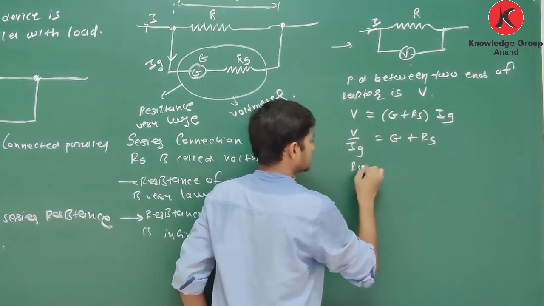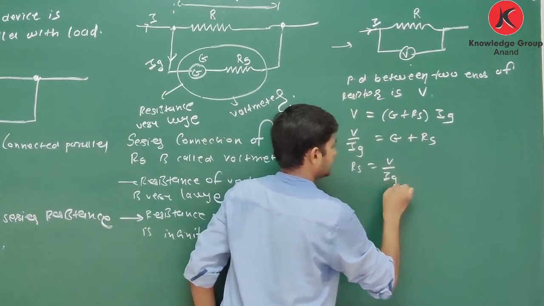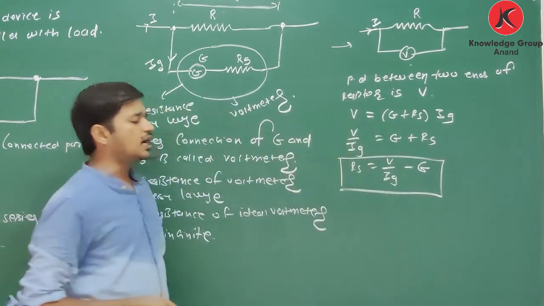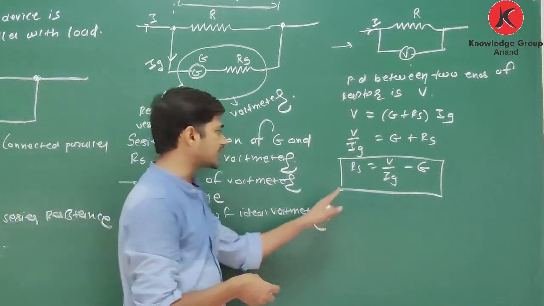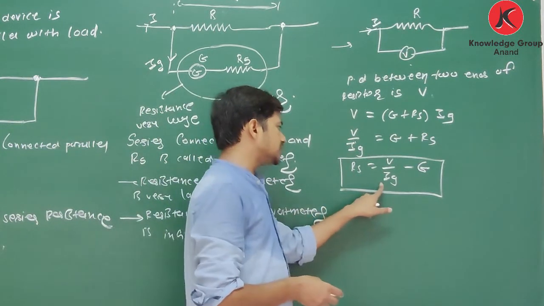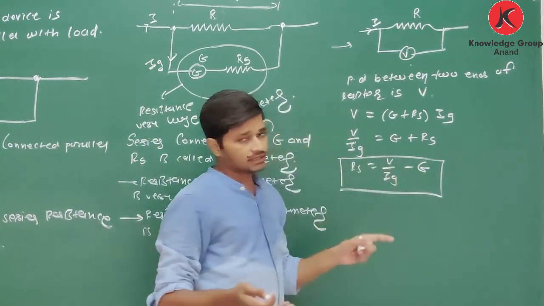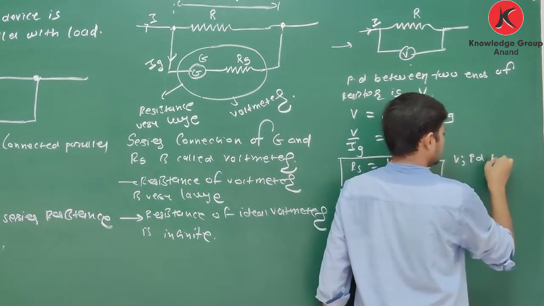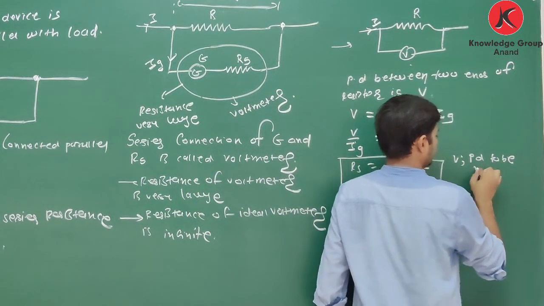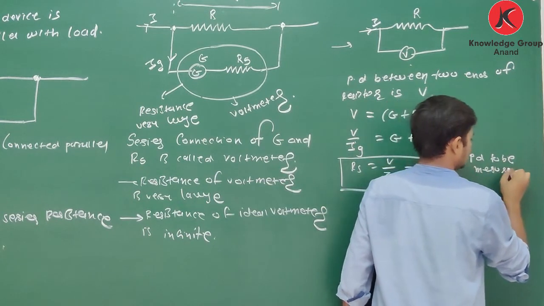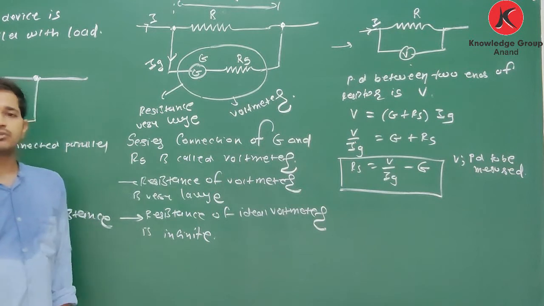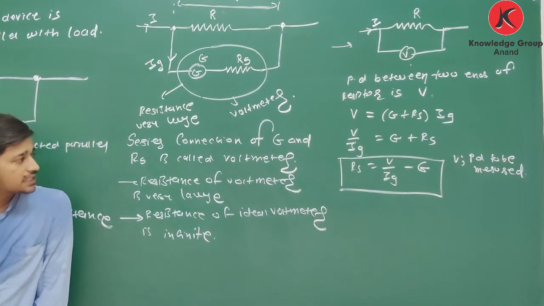So Rs is equal to V upon IG minus G. So it is the equation of Rs. Rs is series resistance, IG is current capacity, G is the galvanometer's resistance, and V is the potential difference to be measured. Clear about this? Okay, so yes, it is all about the voltmeter.